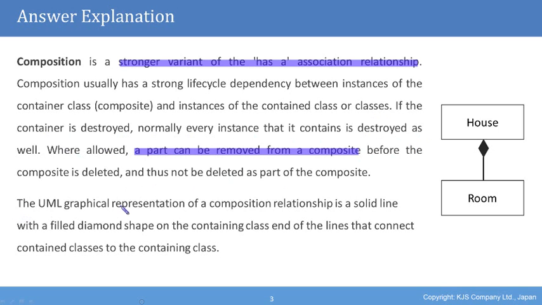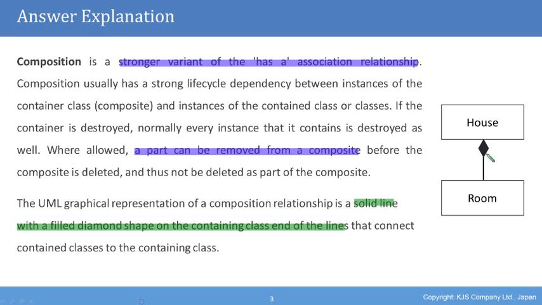The UML graphical representation of the composition relationship is a solid line with a filled diamond shape on the containing class end of the lines that connect contained classes to the containing class. Here is a very simple example using a house and a room. A room is contained in a house, and so the house is the containing class.